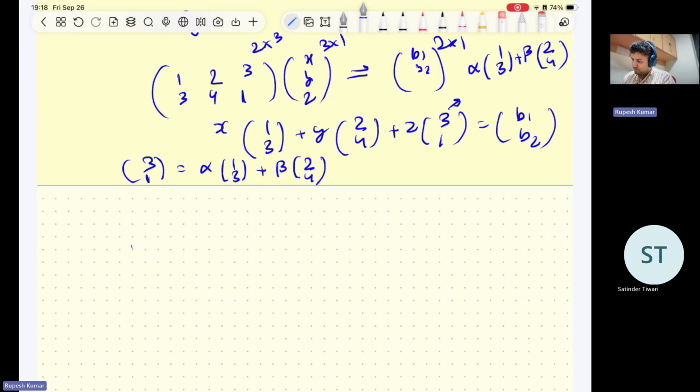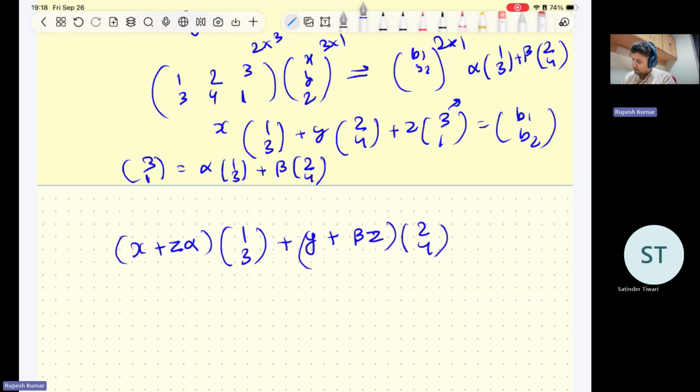So this will become x plus alpha z into (1, 3) plus y plus beta z into (2, 4) is equal to (B1, B2).